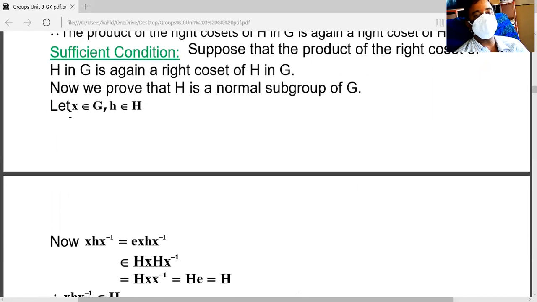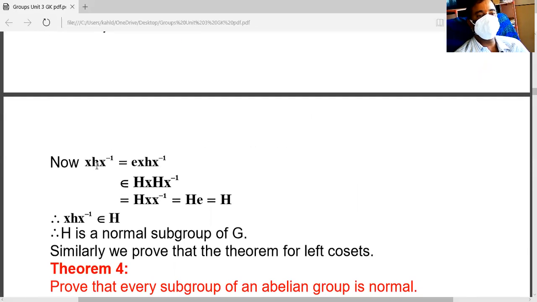For that, I am taking x in G and small h in capital H. Now I am taking x h x inverse. Now I am multiplying x h x inverse with e on the left side. What is e? e is the identity element in H, so e belongs to H, since H is a subgroup. And x h x inverse belongs to x H x inverse.